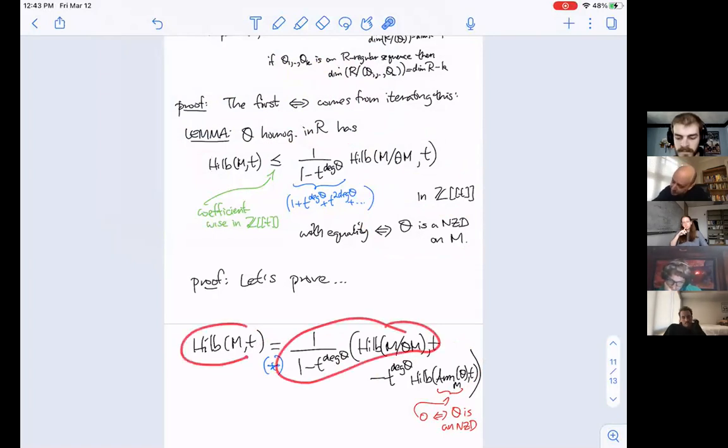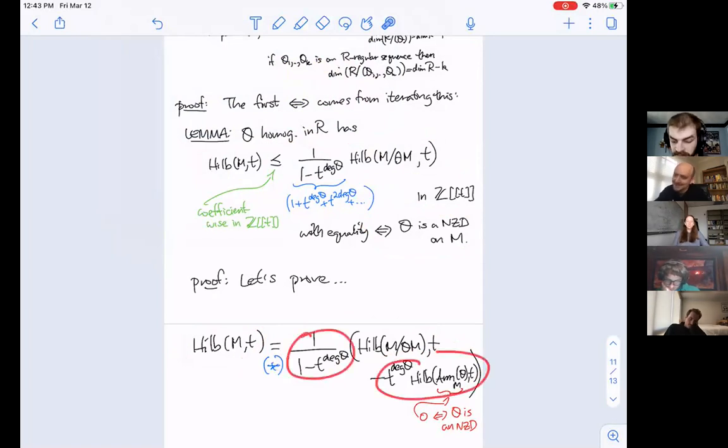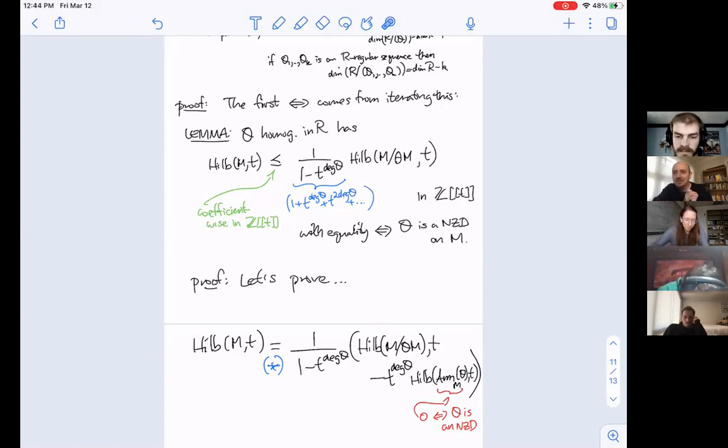This minus this is equal to this times this. That's non-negative, and it's zero if and only if theta was a non-zero divisor. Maybe that's a lot to process right now, but come back to these notes, you'll get it. Everybody okay with why star is really the key point for that first if and only if?